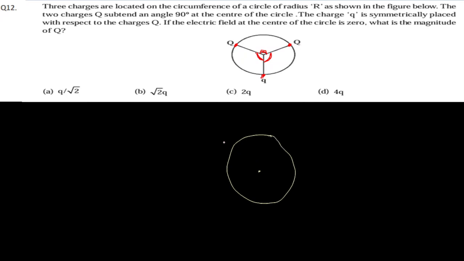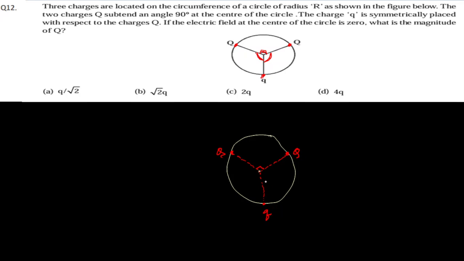Now we have placed 2 charges Q so that they make an angle of 90 degrees with each other at the center, and exactly symmetrically with these 2 charges we have placed another charge small q here. The net electric field at the center is 0. Then what will be the value of capital Q in terms of small q?